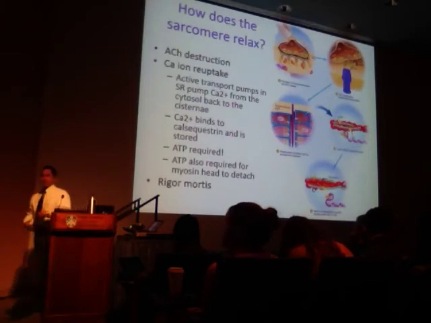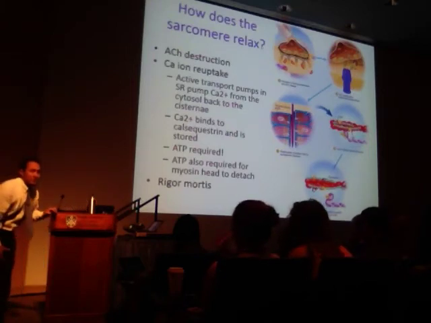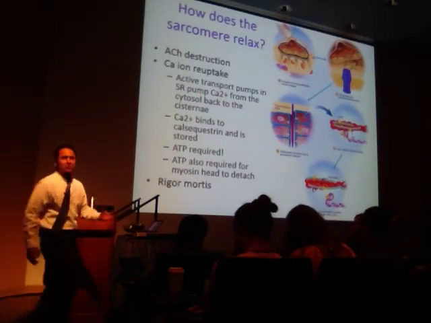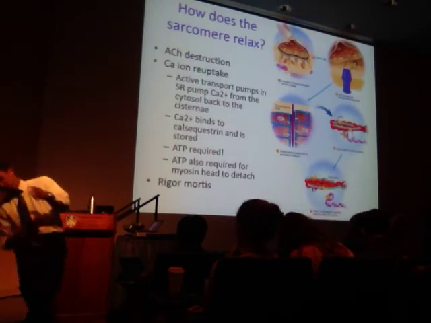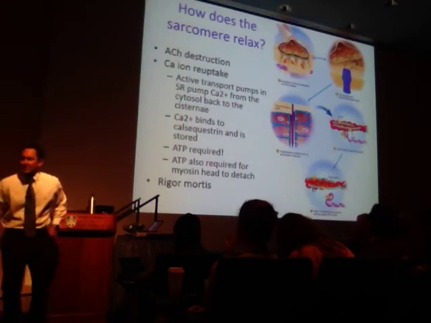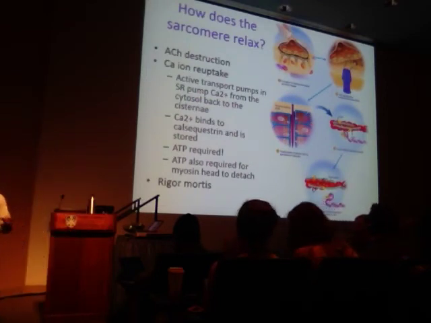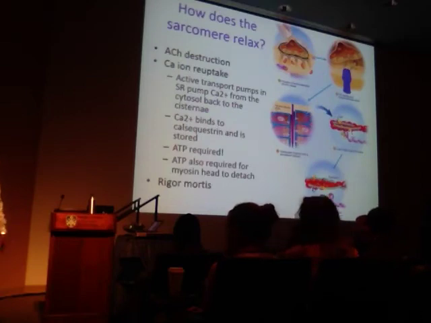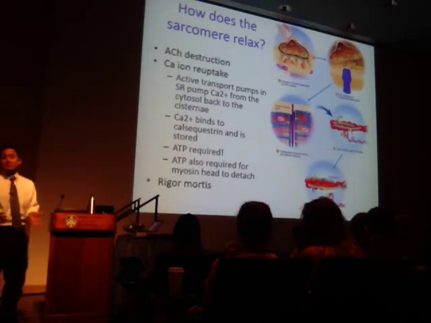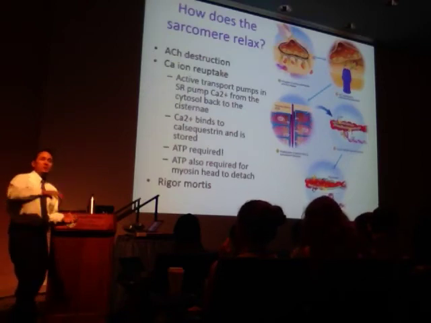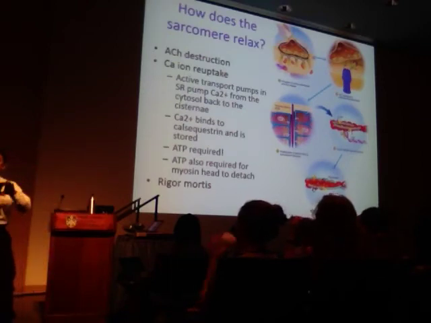Have you ever had a calf cramp, or your toes curl up in your shoe? It's so bad, my toes are curled up in a ball. So ATP availability is required for relaxation.